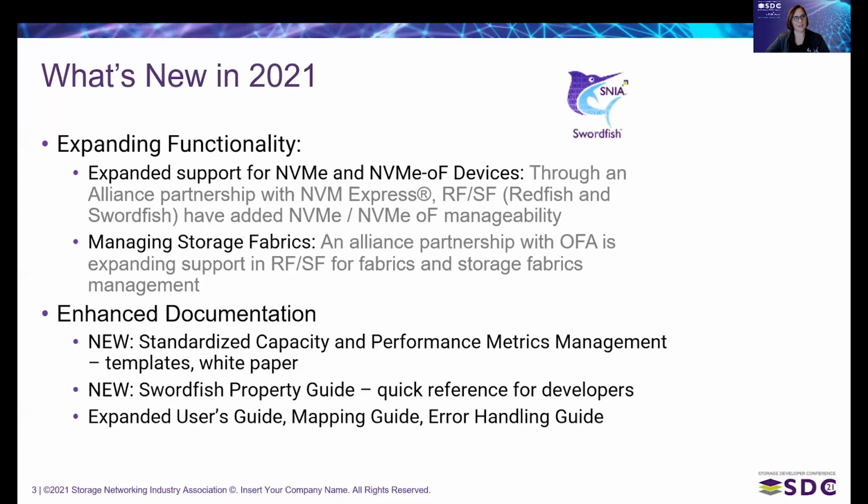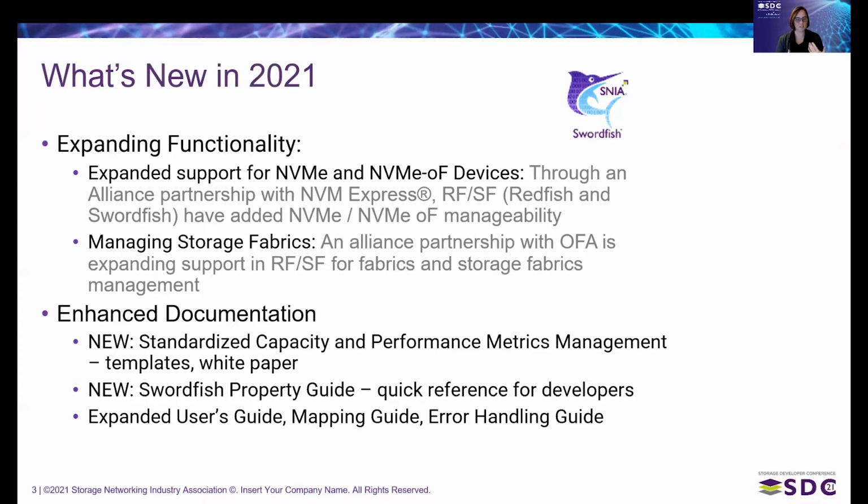So what's new? In the last year or two, we've been working on a couple major new pieces of functionality. First is adding support for NVMe and NVMe-oF devices. So we have not been doing this on our own. We've been working an alliance partnership that includes the DMTF Redfish group, as well as the NVM Express, NVMe, and NVMe-oF experts to marry our ecosystems together.